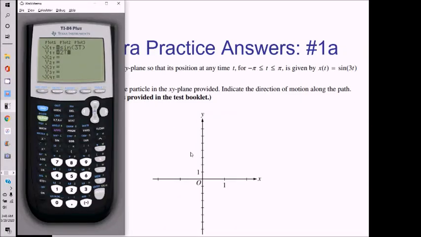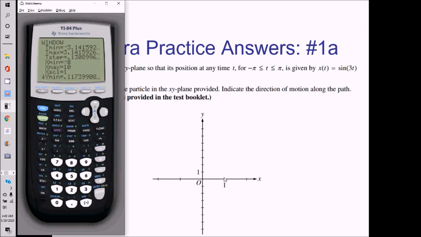And we probably want to do a window similar to what they have here. So let me go to window. Now for the t values, they said they wanted us to graph between negative and positive pi. So let me do negative pi right here. And it looks like I already had positive pi for tmax. Go me. For the xmin, we're going from negative 2 to the xmax of positive 2.